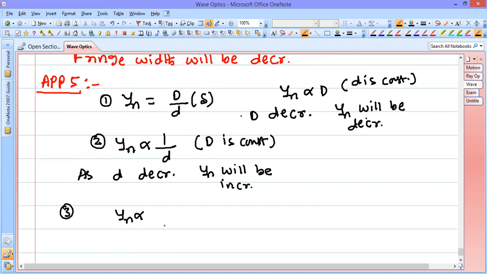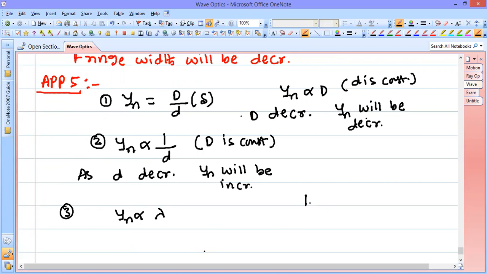Either for dark fringes or bright fringes, Yn is proportional to lambda, where lambda is the wavelength of the light rays, right? Now, I will consider two light rays.